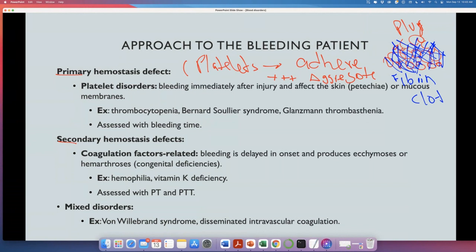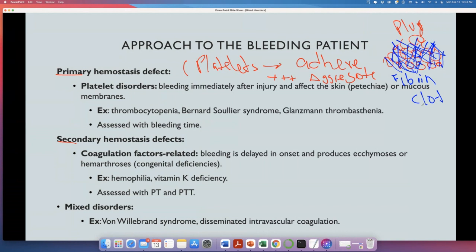Okay, the activation of the coagulation cascade, intrinsic, extrinsic pathway, leads to activation of thrombin. Thrombin activates fibrinogen into fibrin. Fibrin holds all of these platelets, red blood cells, etc. together, forming a blood clot.